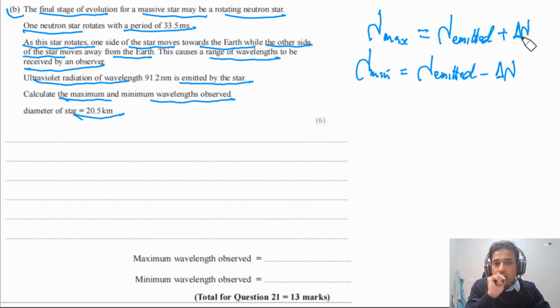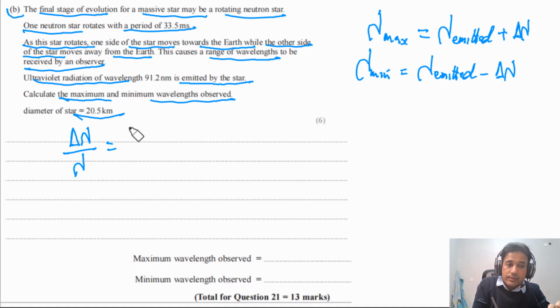So how can we find delta lambda? Because lambda emitted we have. To find delta lambda, we need to understand the Doppler shift equation. That is delta lambda over lambda emitted is equal to V over C. C is a constant. So if we have V, we can find delta lambda.